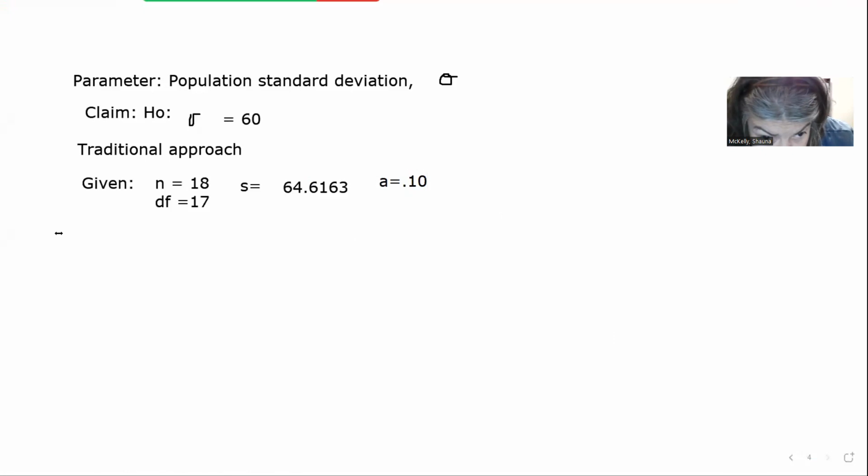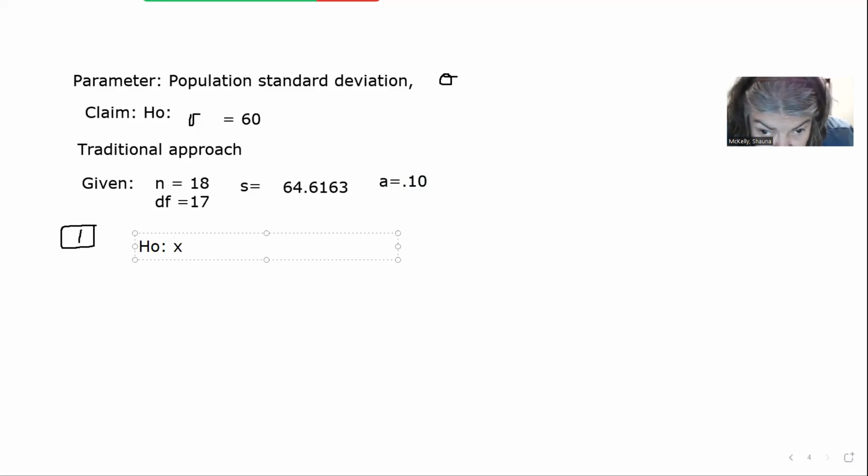we actually do the hypothesis test. So step 1 is we're going to state our null and our alternative hypotheses. So H0, remember this is sigma squared.